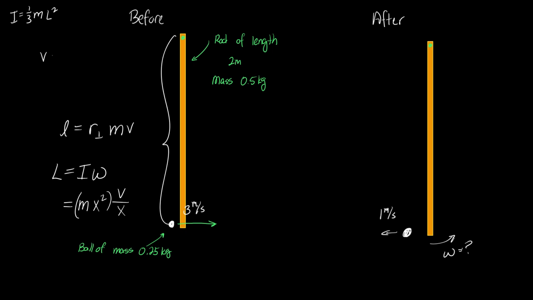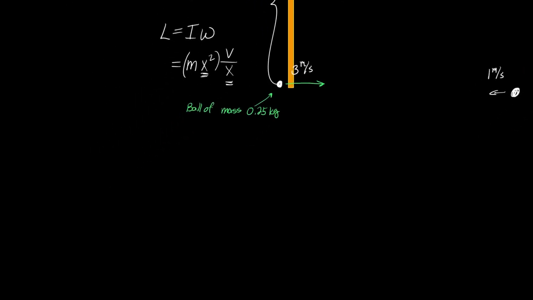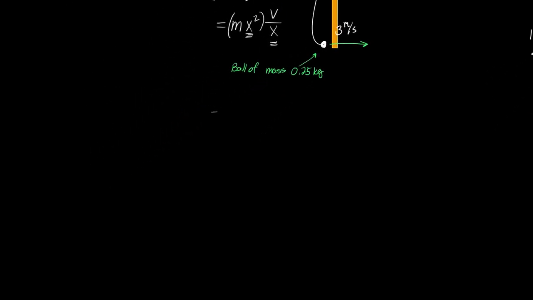We're just using v equals omega times r, but saying that the x that's here represents the x that's here. If we work this out, we'll get mxv, or in the case of this problem, x is r perpendicular, mv. These things have to work out in this way.